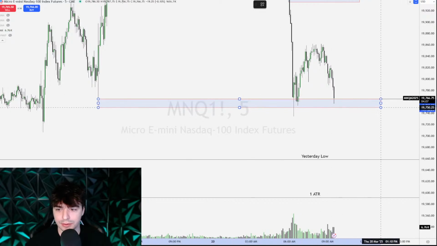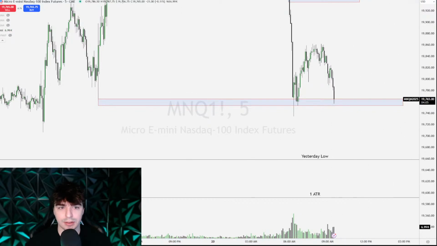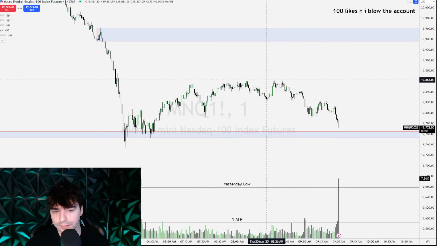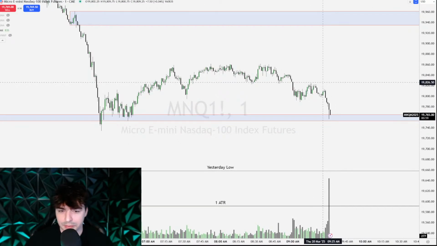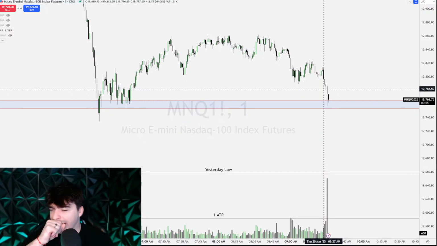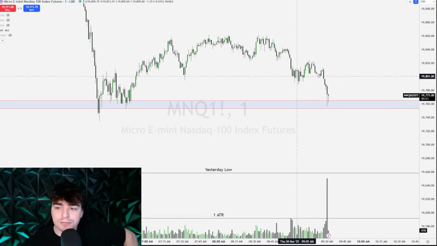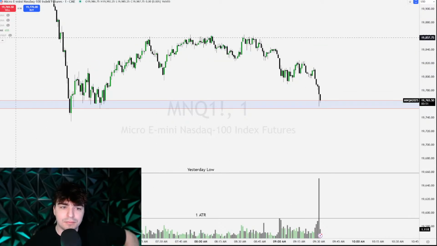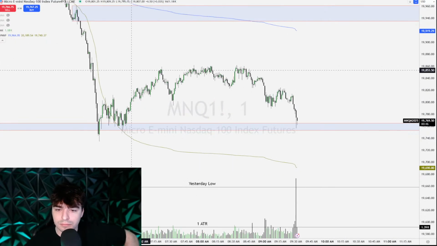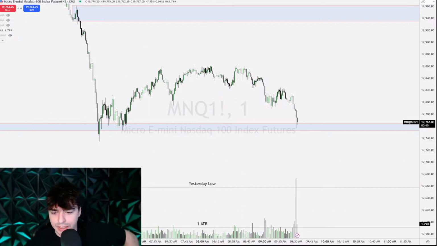These lows. See if those hold. Don't immediately see anything interesting yet. Buying in here would be a little too risky for me, personally.